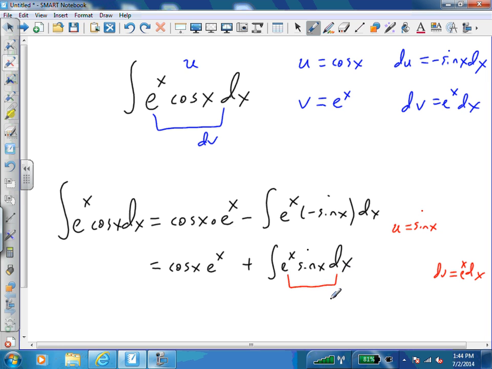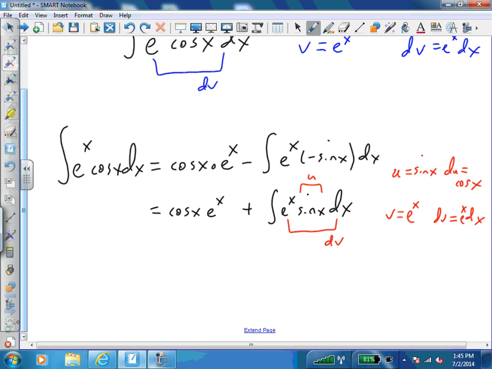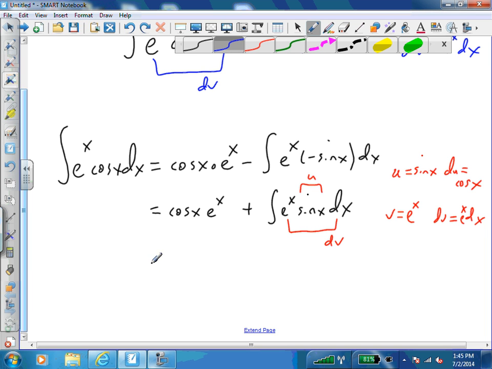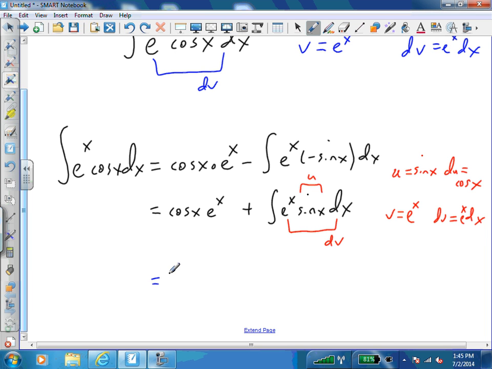So that part is dv, and that part is u. So what's v and what's du? The derivative of sine is cosine. That's going to get us back where we started, which normally is a problem.